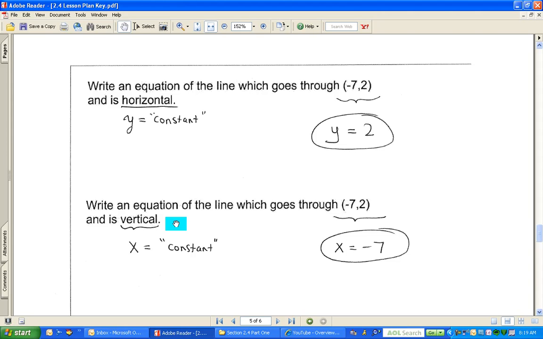But as you're moving from left to right, you're scanning x's. So vertical lines measure x equals, and in this case, x equals -7. Another way to remember this, if you moved your arm horizontally from bottom to top, you're measuring range, and range is y. If you're moving your arm from left to right, you're measuring domain, and domain is x.